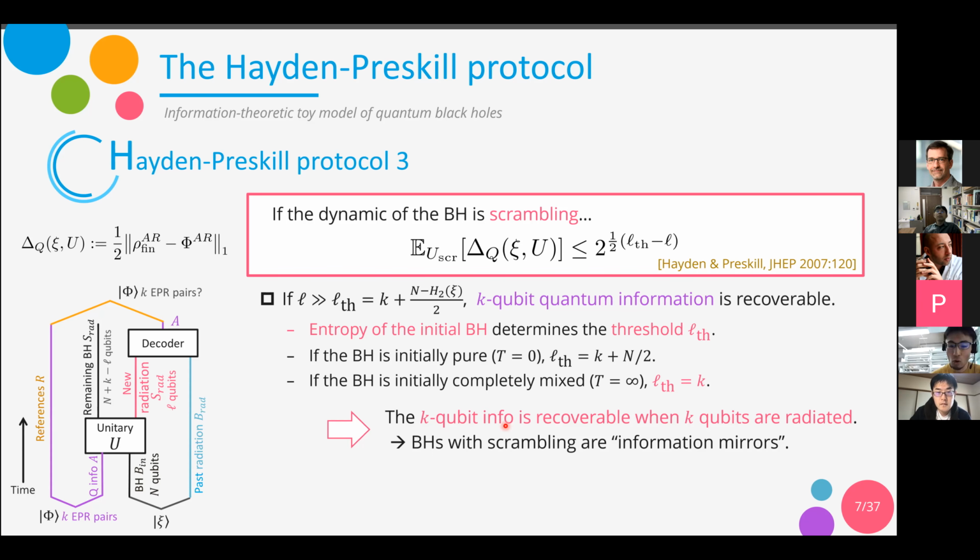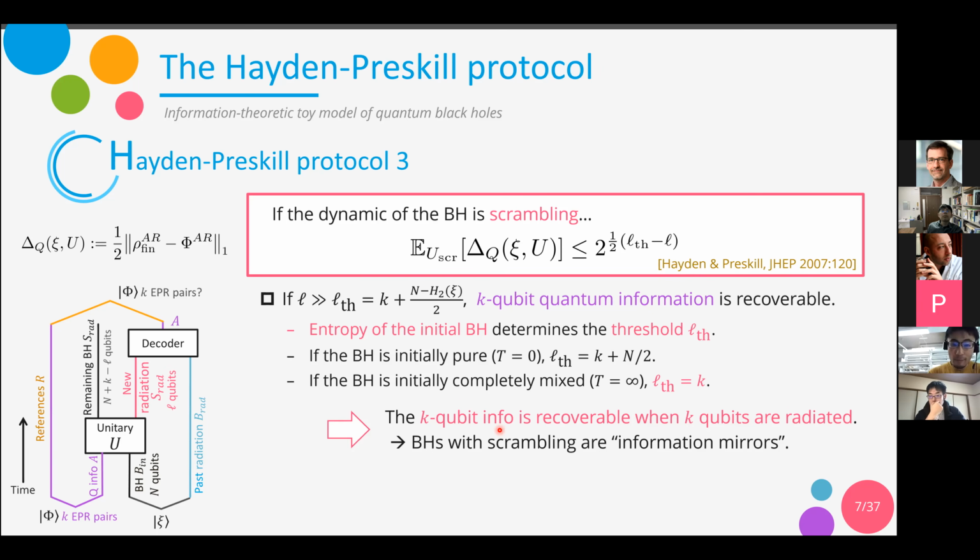So there is no term n. No matter how large the initial black hole is, if we throw in k qubits of information and if we get k new radiation, we can infer what information was thrown into the black hole. And this is kind of interesting because the black hole is not black at all. So if the black hole is scrambling, then it's kind of a mirror of information. So this is what is stated in this paper.